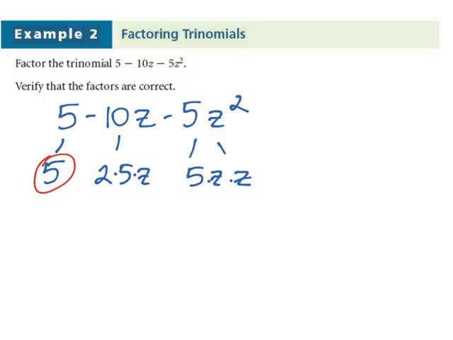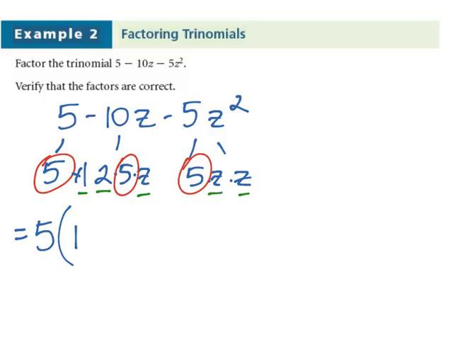Don't forget to write a 1, because what often happens is that we forget about the 1 and that whole term disappears. So we bring the 5 out and we recopy everything that's left, with spaces, of course. So we have 1, we have 2z, and we have z² because of those 2 z's.